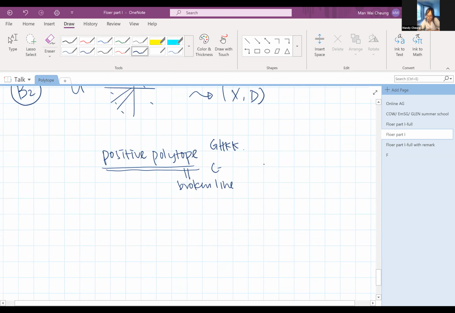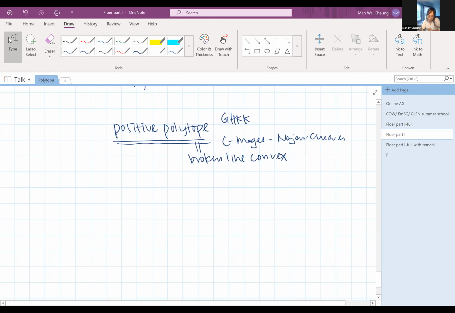But then with Tim Magee and Alfredo Nájera Chávez, Schaffer, we show that combinatorially you can check whether a polytope is positive by something we call broken line convexity, and broken lines appeared in Hülya's talk already. What we mean by broken line convex is: given 2 points in the polytope, all the broken lines that join the two points must be contained in the polytope.